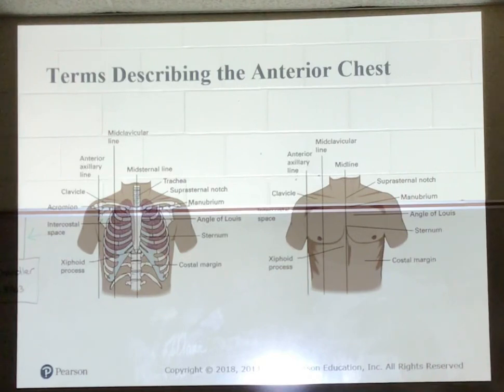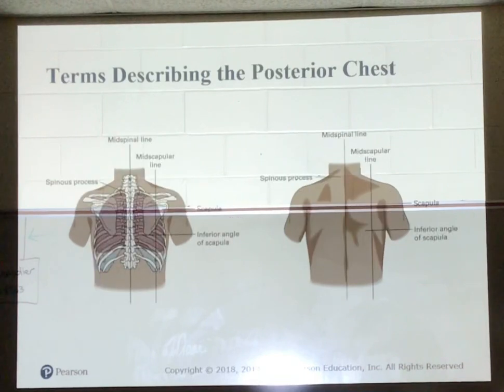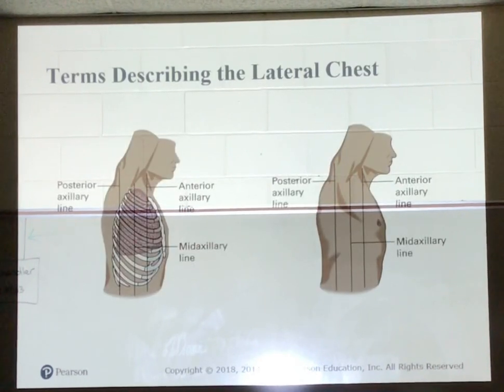Okay. All right, this is your posterior side. You have a mid-spinal and mid-scapular. Your lateral chest. You have anterior and posterior axillary lines.